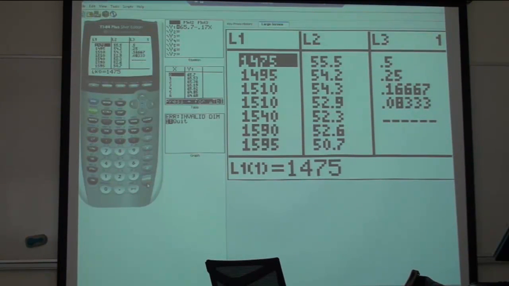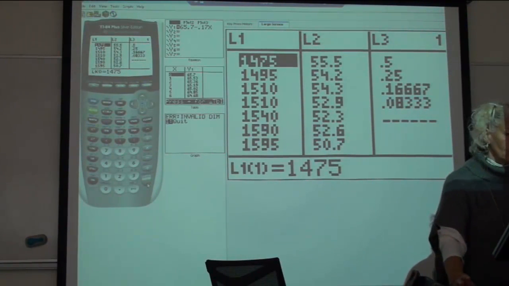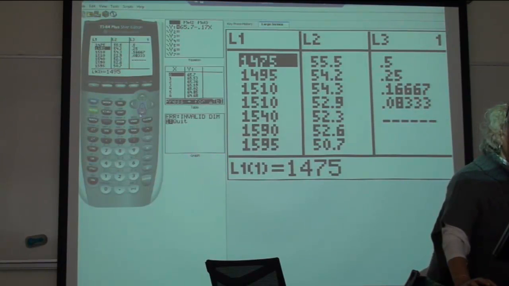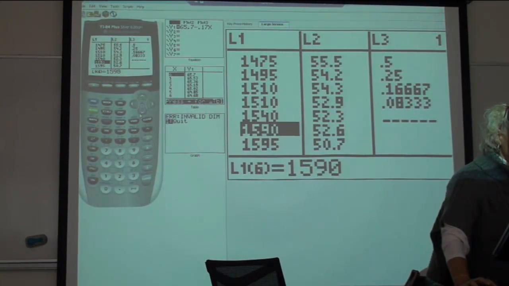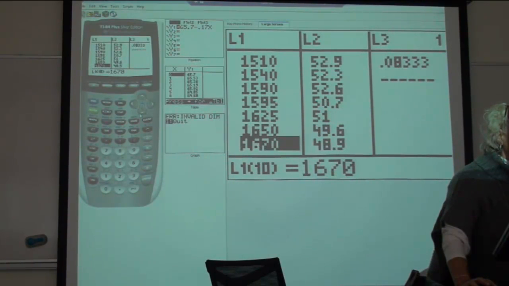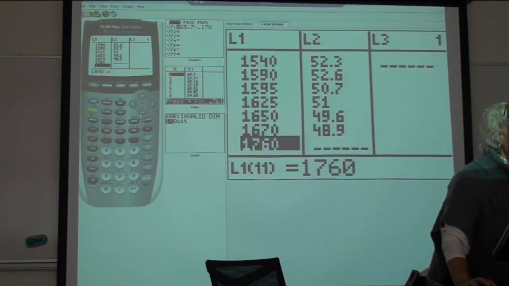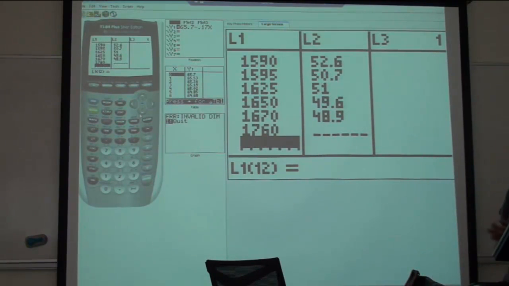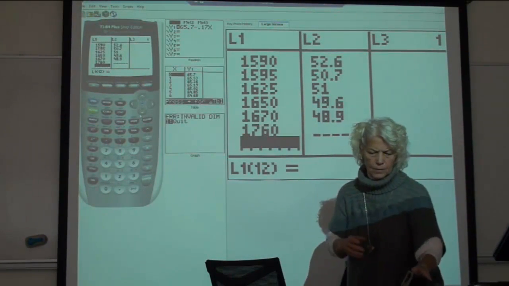Okay, you're frowning. Did you not get it? And the largest value? 1670, yeah? No, 1760. So, if we were doing this, we would have 1400, 1500, 1600, 1700, and 1800, yes? Maybe I can write it here on the edge.